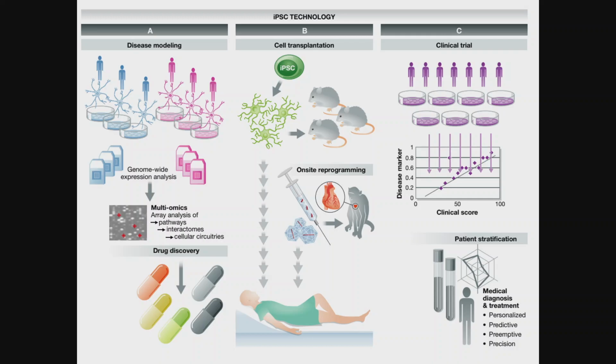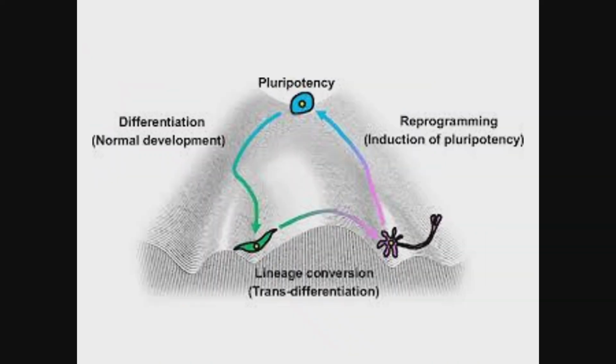So one of the things that can help us check these things is to generate organoids. Organoids are small organs that we produce also from this IPS, that we can make more similar to human tissue and see if it's working. So this technology can also allow us to do these kinds of things.